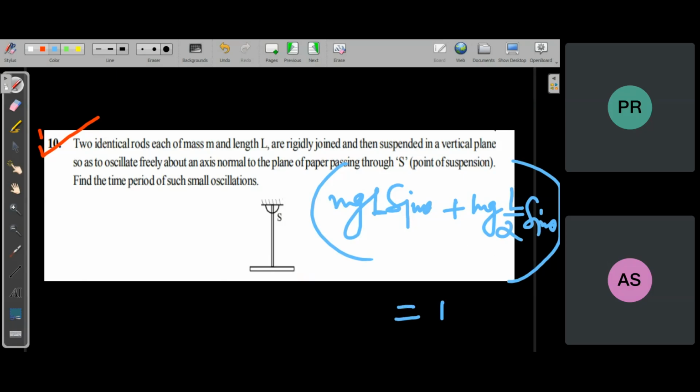And that is equal to I alpha. I, you have to always find about the axis about which you have measured this theta. So it should be about the point of suspension. The whole system is doing SHM about the point of suspension.